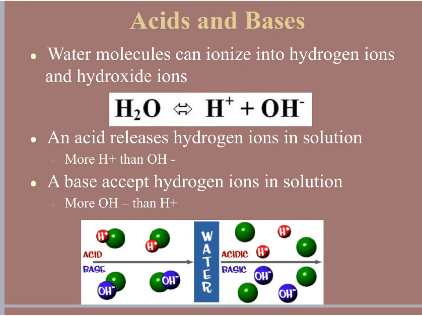Okay, so what does all this mean, acids and bases, and how do we get the hydrogen ions and the hydroxide ions in solution? What can happen is water can separate. The hydrogen ion can pop off of a water molecule and leave just an oxygen and a hydrogen. So this is hydroxide.